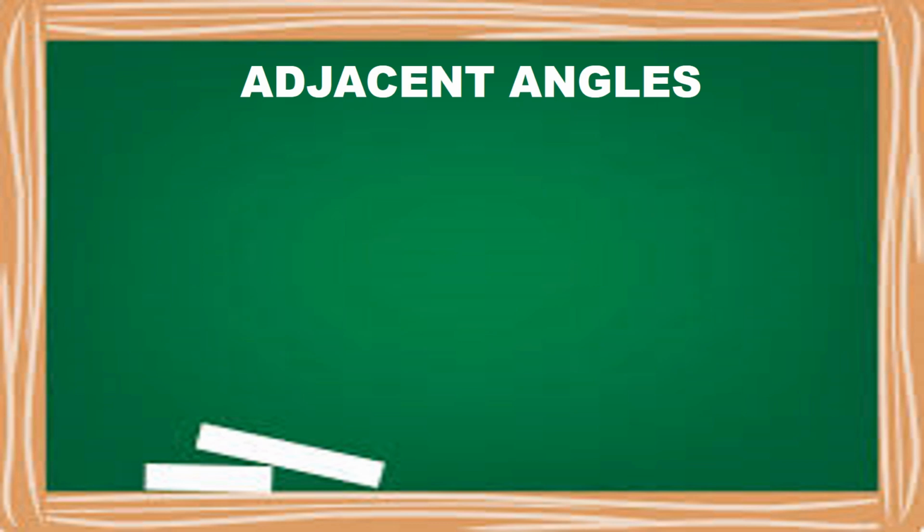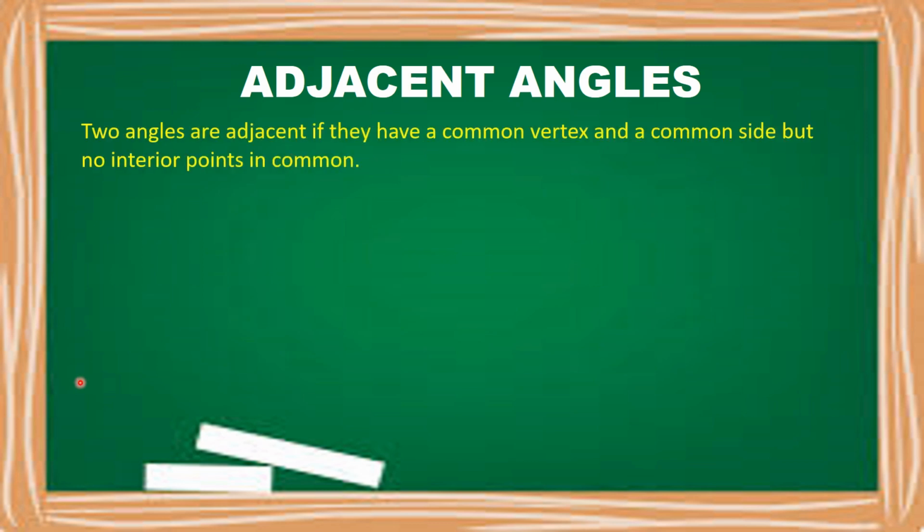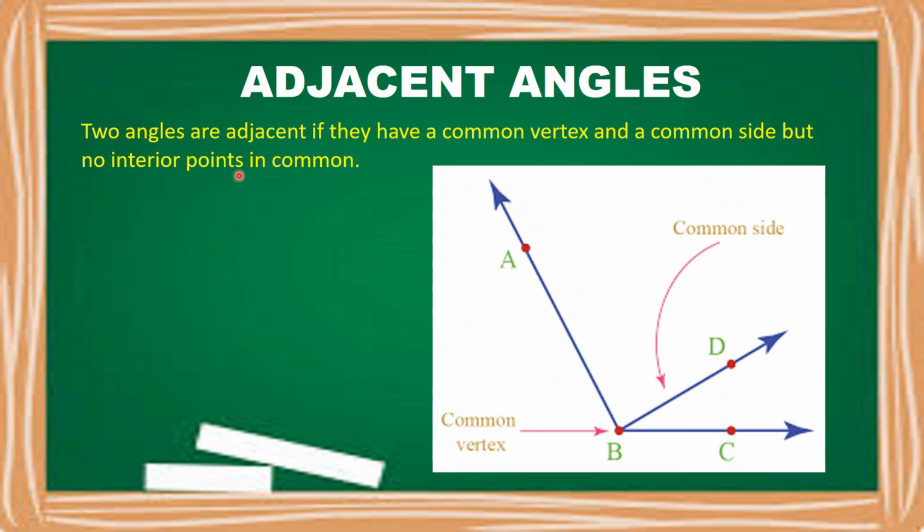What are adjacent angles? Two angles are adjacent if they have a common vertex and a common side, but no interior points in common. Like in this figure, angle ABD and angle DBC are adjacent angles. They share a common side, ray BD, and a common vertex point B, but they don't have common interior points.